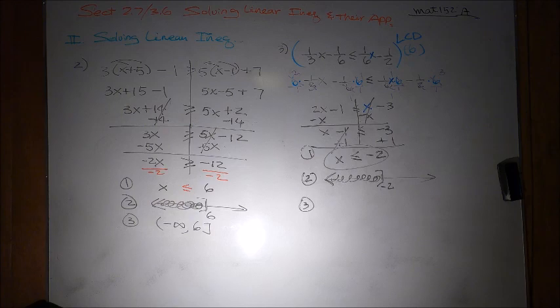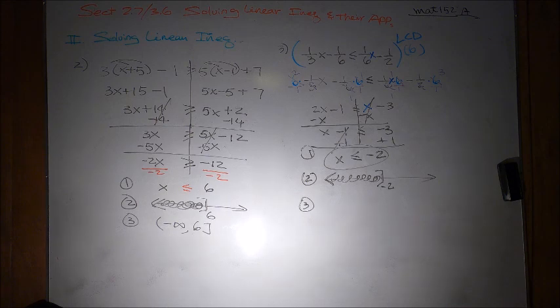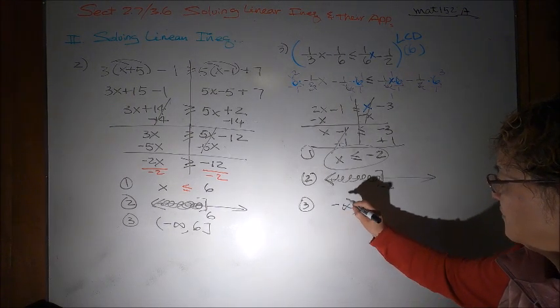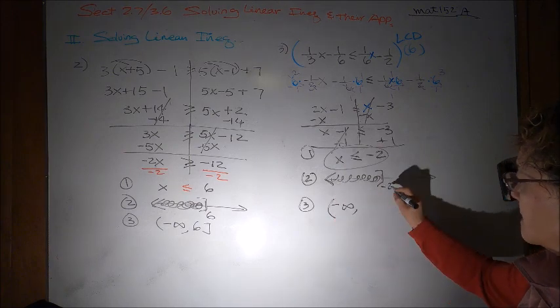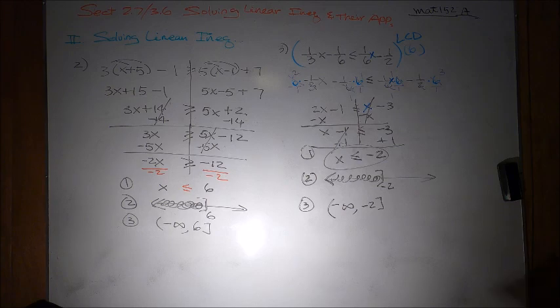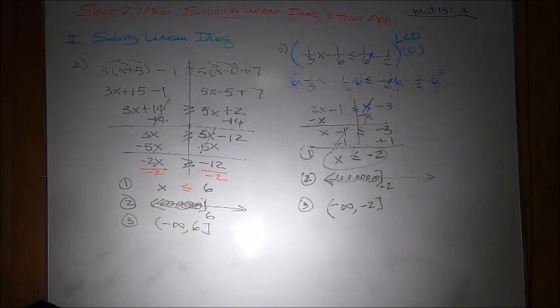And we also describe it with what? Interval notations, right? So that would be negative infinity on this side, and this side will be negative 2 with what? A bracket. Got an idea?